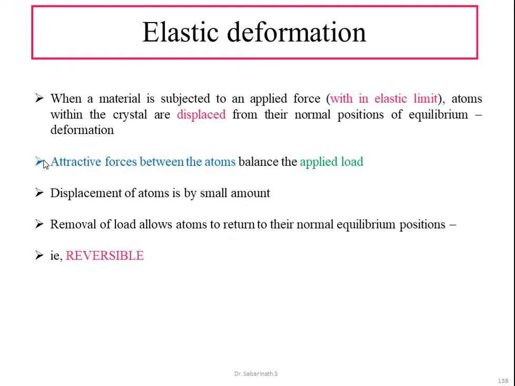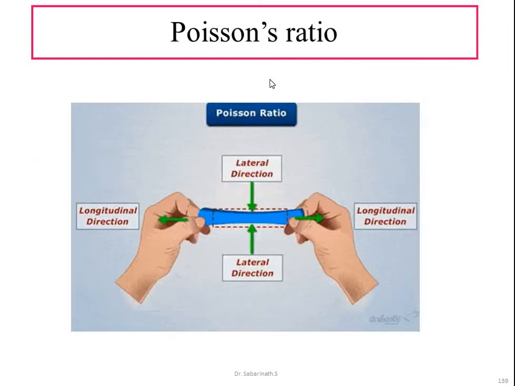That means these attractive forces, these intermolecular forces between the atoms, make the molecules come back to their original shape, or in other terms, it is something reversible. That is what is happening in elastic deformation.